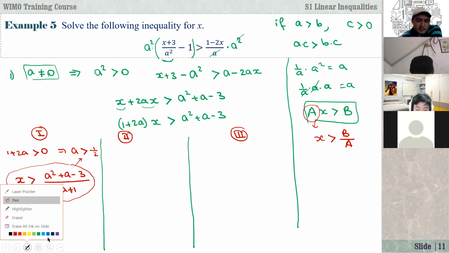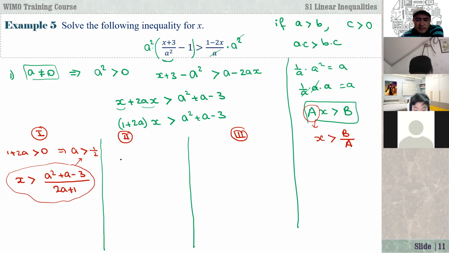And how about the second case? The second case is, how about this 2a plus 1 is equal to 0? That means that this a is equal to minus 1 over 2. So if it is so, on the left we have 1 plus 2a equal to 0. Here I have 0 times x greater than, I don't know if it's true or not, we're going to check this, okay?